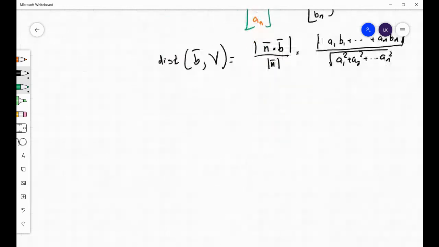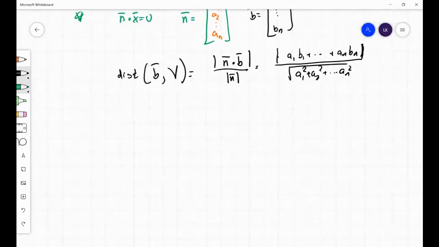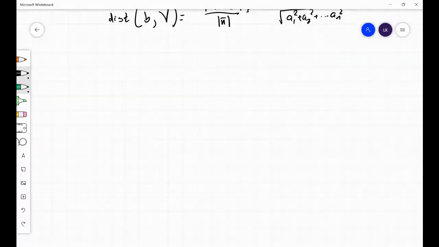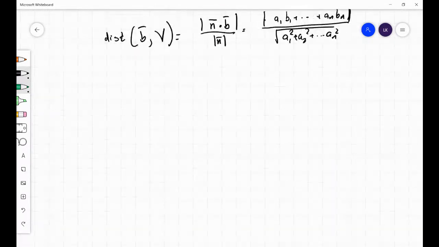And so this is distance between a point and a hyperplane. There's a more general way of defining a distance between a point and a subspace. So, but I don't think, Robert, you can tell me whether you talked about projections onto subspaces or not.